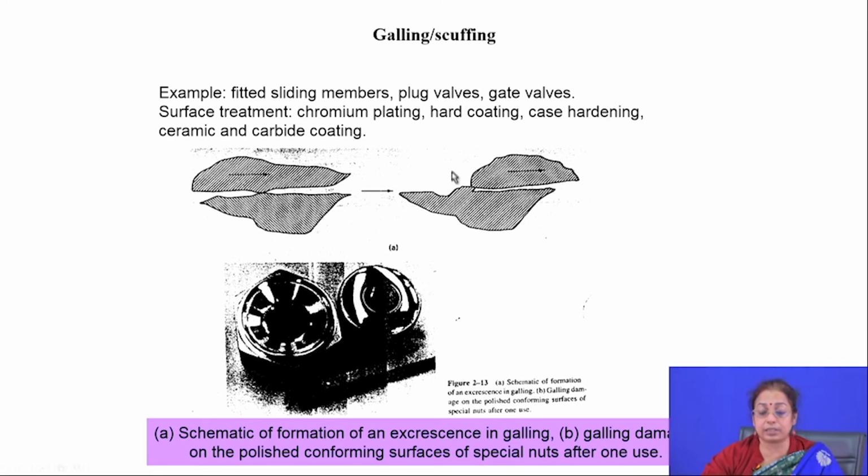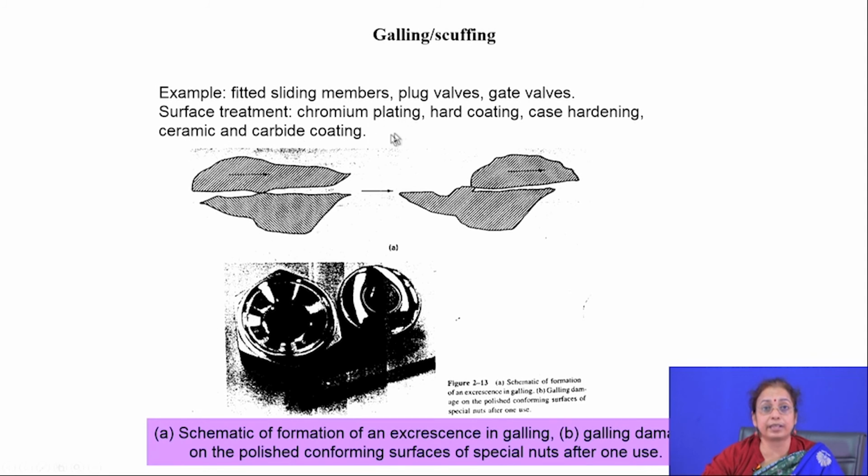So, whenever there is galling wear, you will find that the component does not serve in that environment, and you have to remove it completely and change it with another component. Typical examples of galling wear are fitted sliding members and gate valves.